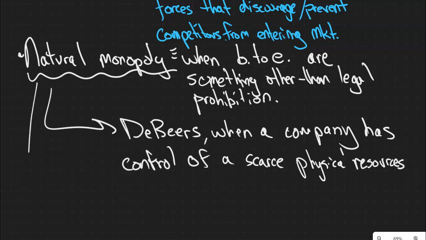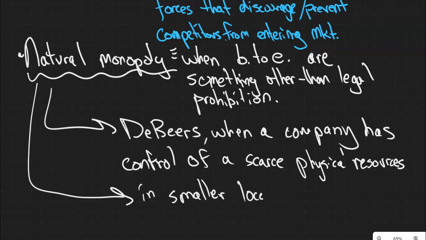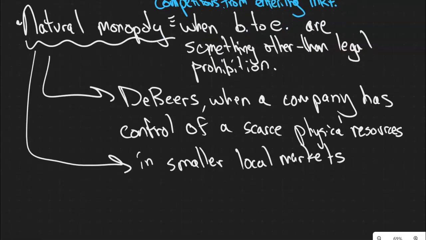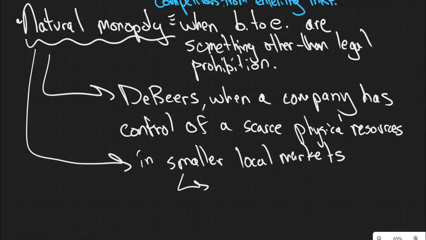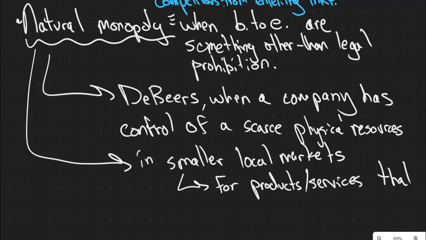Natural monopolies also arise in smaller local markets. And this happens for products or services that are difficult to transport.